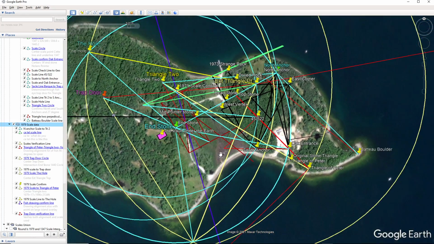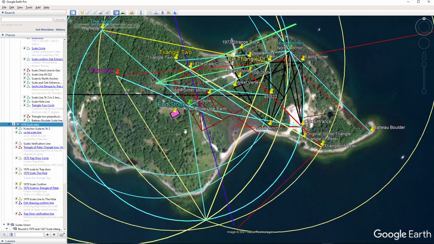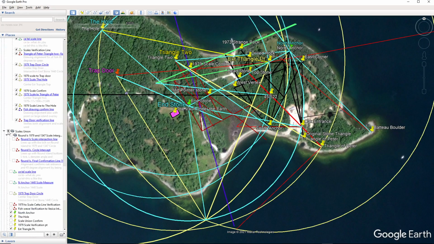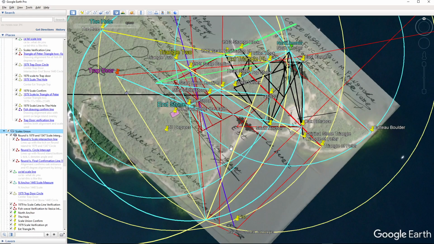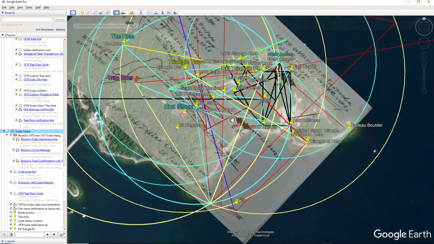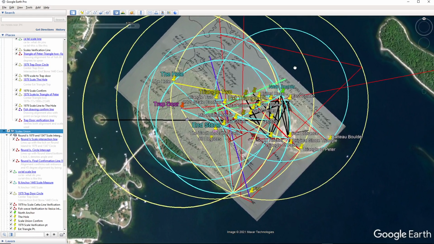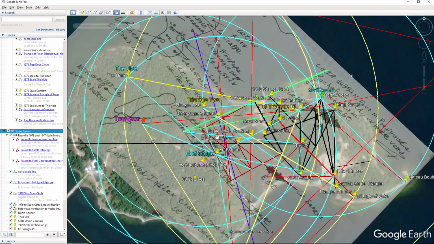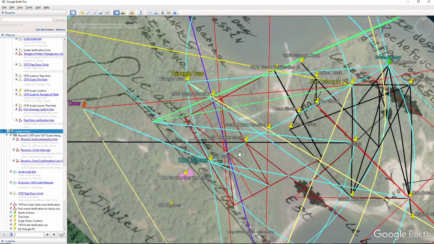So, even with the fish, we have the fish data in there. And that was one of the cryptic things. So, there's the fish. As you can see, we have a lot of data. And it is not something that is made up.